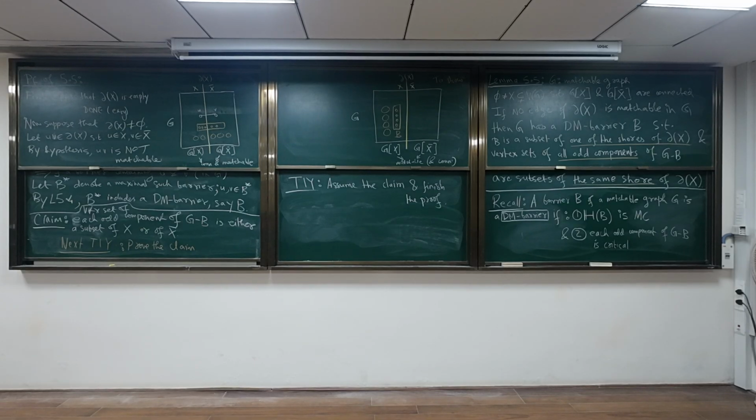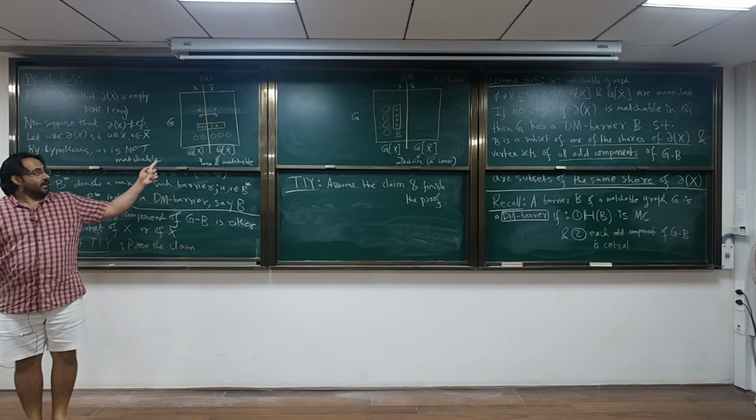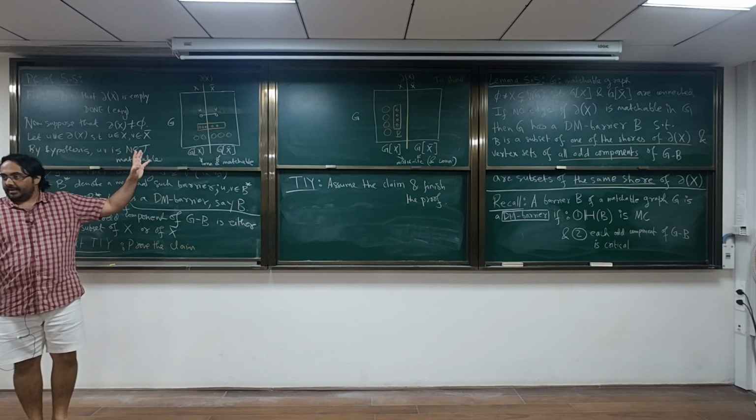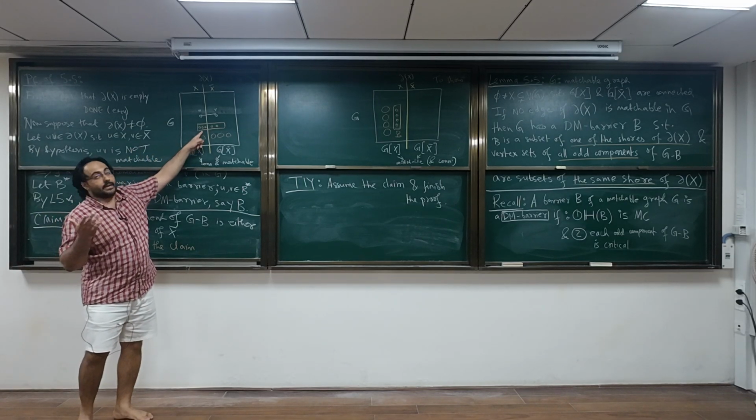Right, exactly. So basically the point is, the good thing about this claim is that it allows you to visualize the core in a very nice way. Because what is a core? Well, every vertex of the barrier is a vertex in the core. The vertices, of course, are either in X or in X bar.